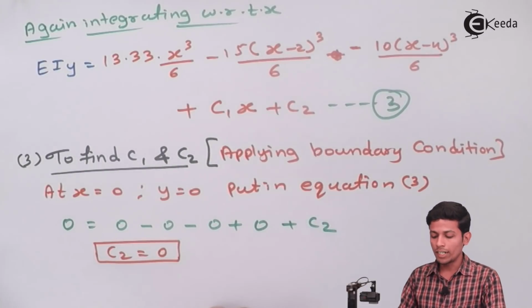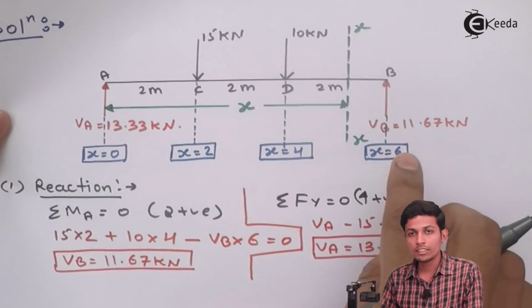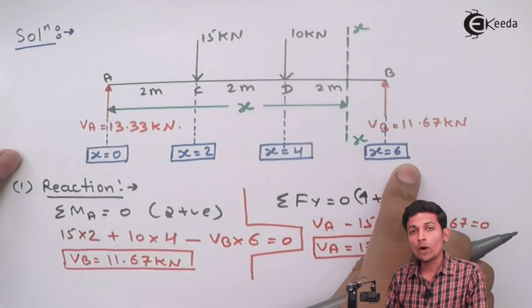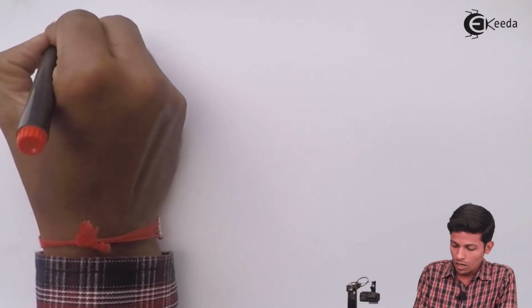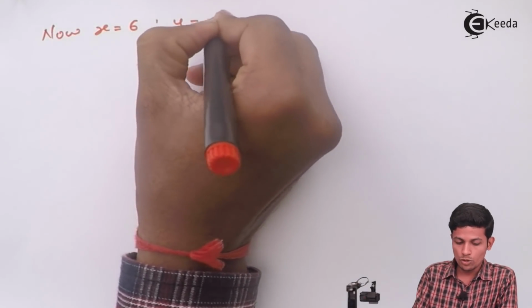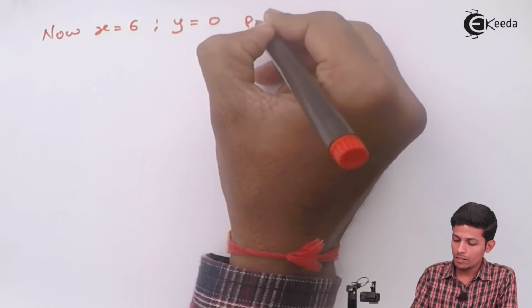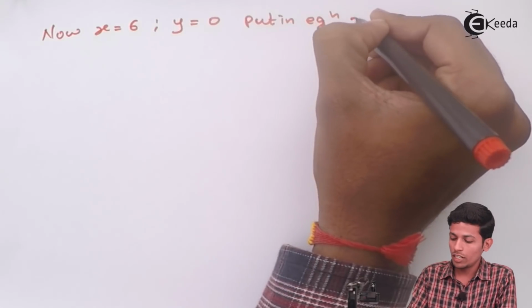This is our first boundary condition. Now what will our next boundary condition be? The next boundary condition is x is equal to 6 and y is equal to 0. Put in equation 3.